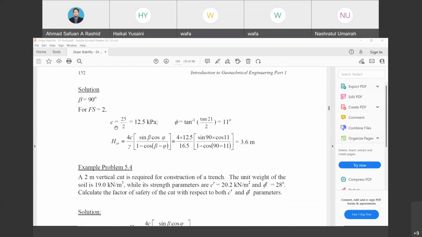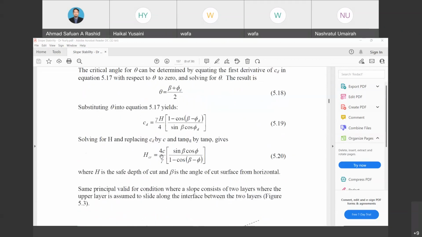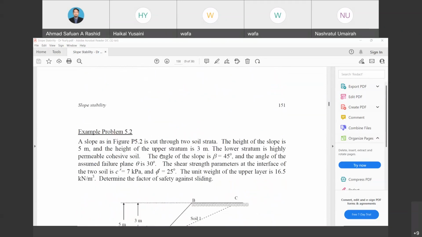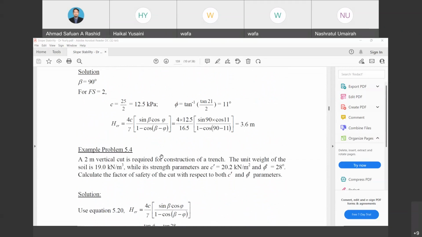So in that case, C is equal to 25/2, which is 12.5, while phi is equal to tangent of 21/2, which is equal to 11. Then we include it in the equation for the critical height, from equation 5.20, and we determine the value of HCR is equal to 3.6.